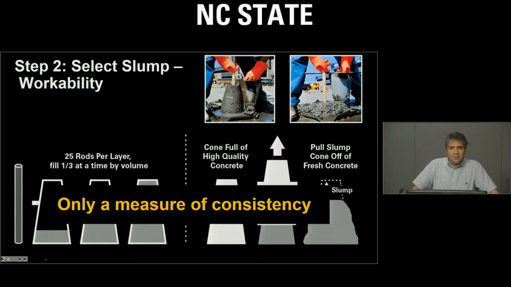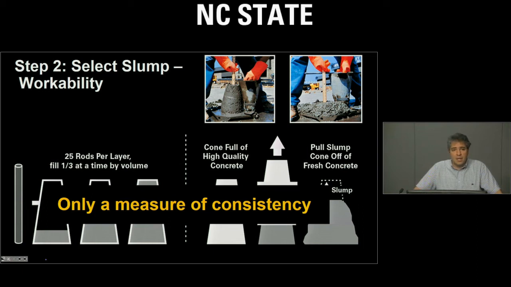Now, after saying that we use this slump as a measure of workability, I have to tell you that really slump is not a property of the mixture. A slump is only a measure of consistency. In fact, you can have 2 different concrete materials that are completely differently proportioned, but they have the same amount of slump.